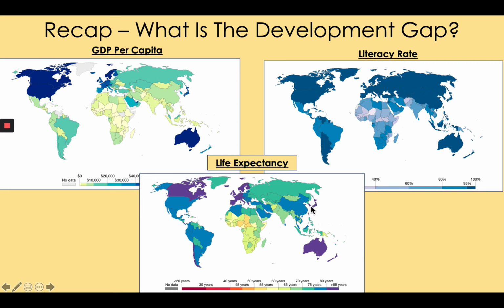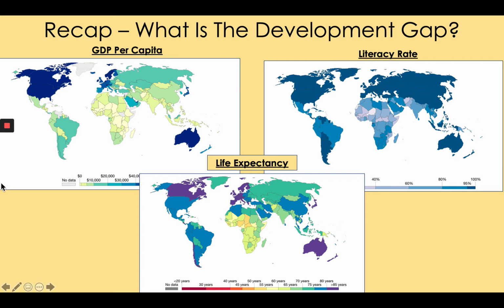It's also high in countries like Japan and South Korea, and in South America it's high in Chile. Importantly, you may have written that life expectancy is lowest on average in Africa. If you missed any of these points or you wrote anything else, then please take a moment to think about that so that you consolidate it in your mind, so that you remember it.